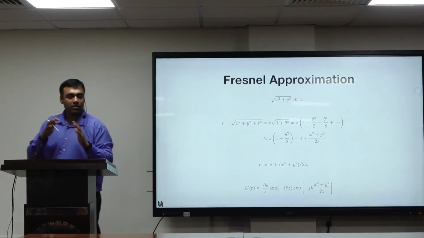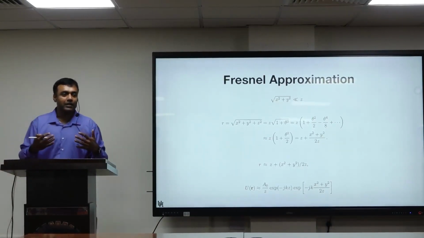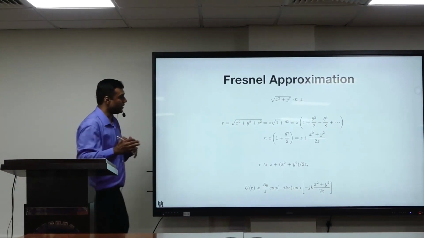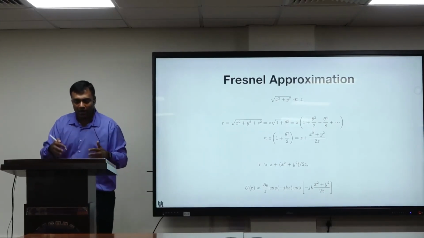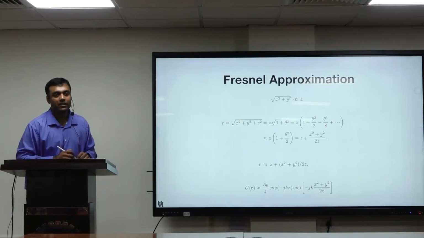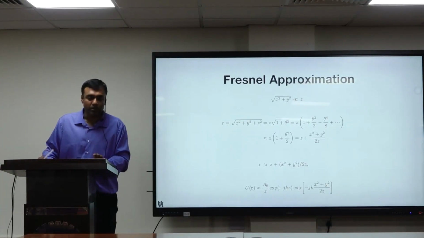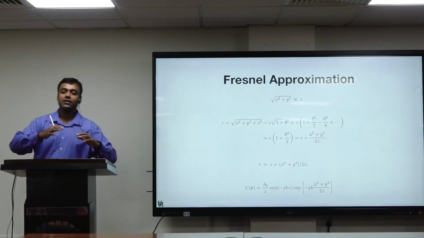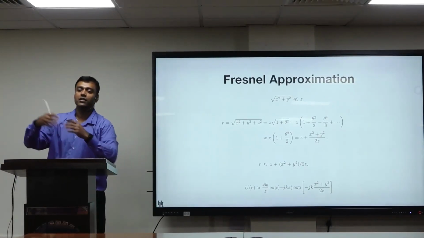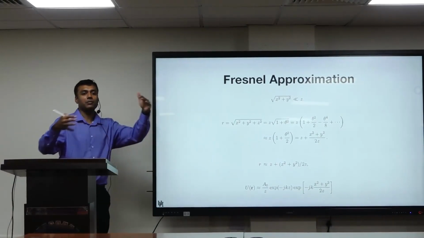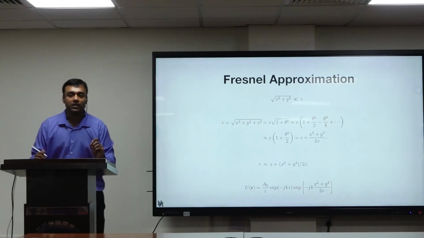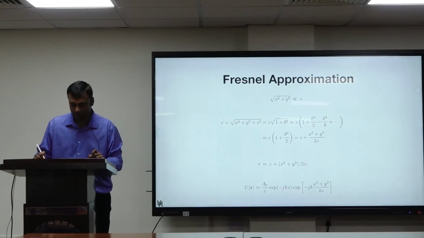Those are the ideas we are using, and I'll go into the math and more details of how exactly to do that, in terms of equations. But what I really want you to take away is this mental picture that any wave can be thought of as a combination of plane waves. So if you understand a plane wave and a spherical wave, you can add them up and understand any kind of wave. That's something you always need to keep in mind.